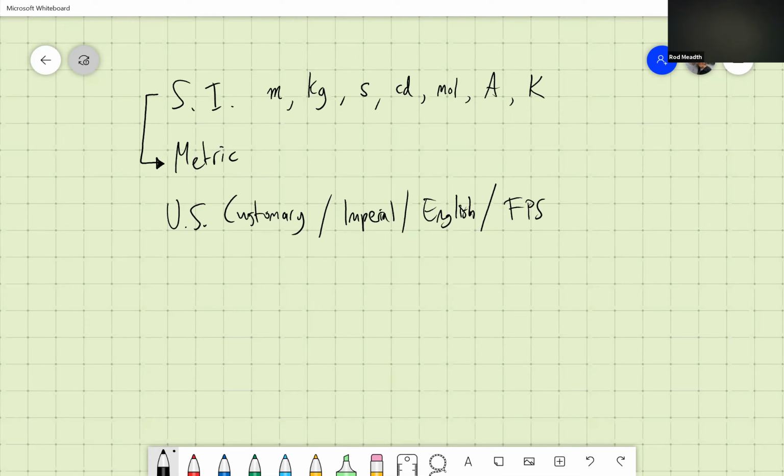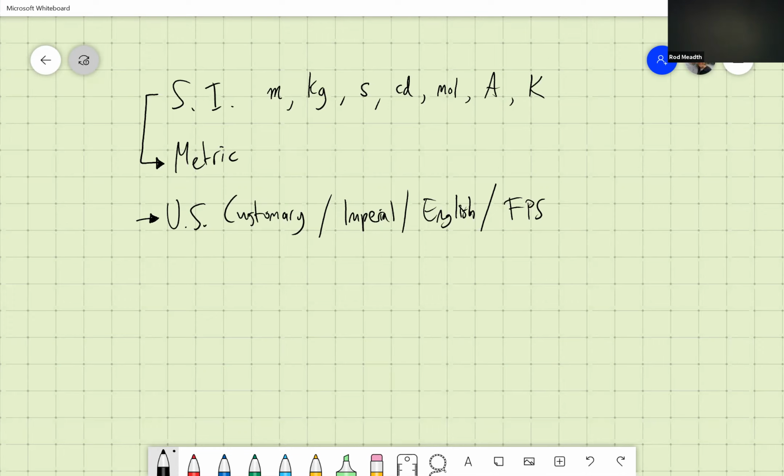Metric is like a bigger idea than SI. SI is like the pure concept of, what's the minimum number of things needed to define the universe? And metric then branches off and has all of the prefixes and all of the derived units and all sorts of other things. So that's more the camp that we live in, or the US customary system, as we will call it.